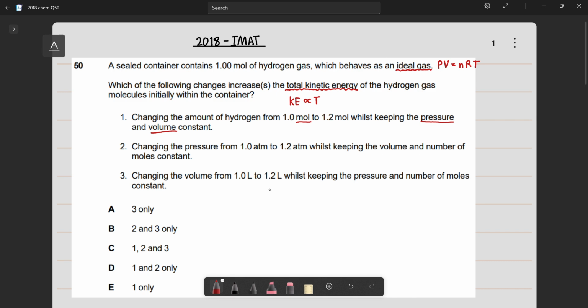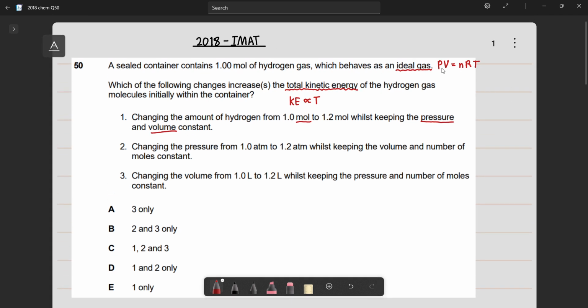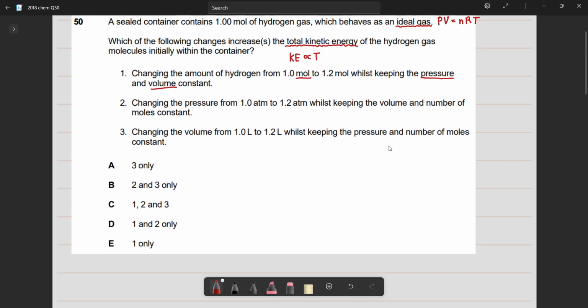So we cannot directly use KE proportional to T, but we're going to substitute the ideal gas formula into the total kinetic energy expression. I'm going to get rid of the temperature T and substitute the pressure and volume that are actually being changed in the question.